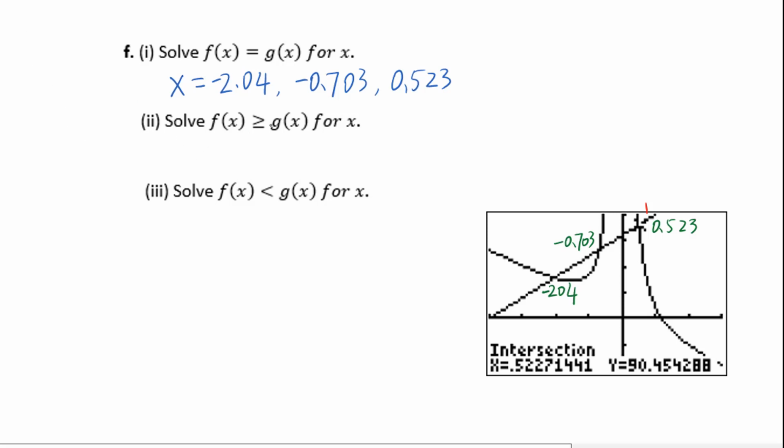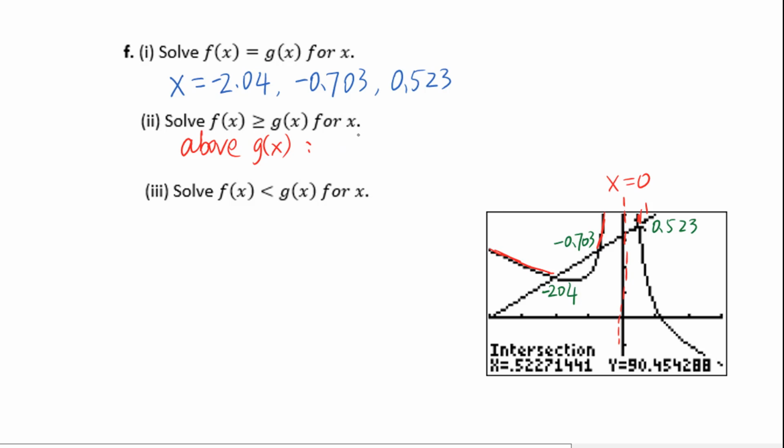Solve f of x greater than or equal to g of x for x. F of x greater than or equal to g of x means the graph above g of x will be the solution, which means this is the solution, and this is the solution. This is a solution. Do not forget this is a vertical asymptote line, x equals 0.